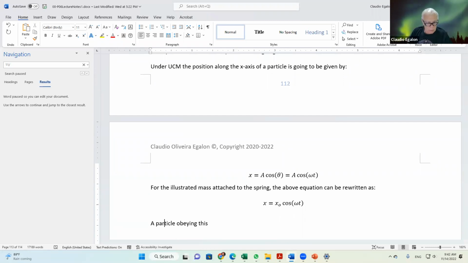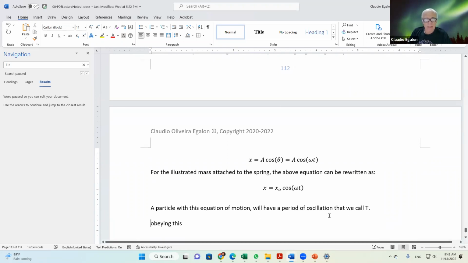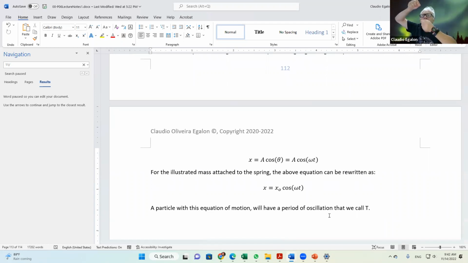A particle with this equation of motion will have a period of oscillation that we call capital T. What's the period of oscillation? Here's the point of equilibrium, right? We release the particle, it passes through the position of equilibrium, overshoots it, and then goes back to the initial position.